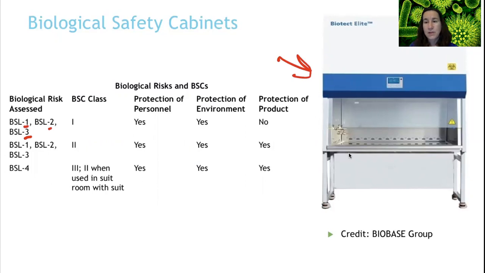It's going to suck it up into the fume hood. If you're handling something that could be easily aerosolized and you're trying to transfer it, you don't want that blowing back in your face, right? So you want that cabinet to suck the air away and filter that air. That's what these safety cabinets do.